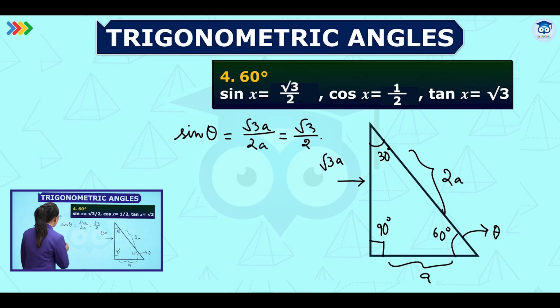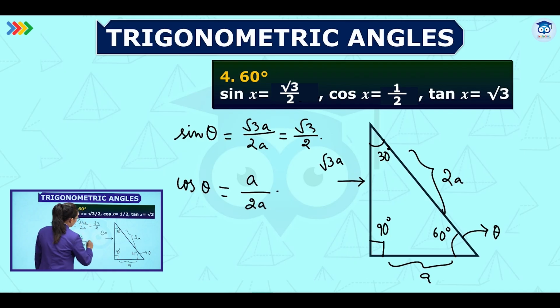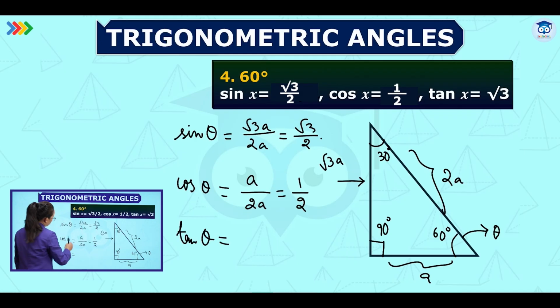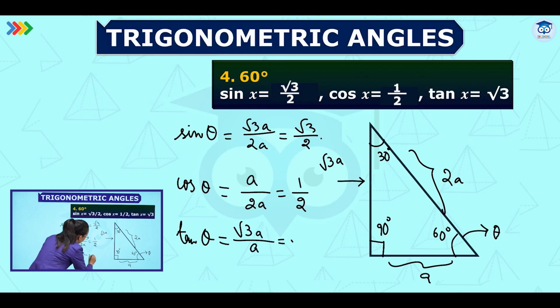Next, we have the cos theta, that is adjacent, a upon 2a. Therefore, it is 1 upon 2. Similarly, we have the tan theta, the ratio of these two, or you can define opposite upon adjacent. Opposite is root 3a and adjacent is a, therefore it's root 3.